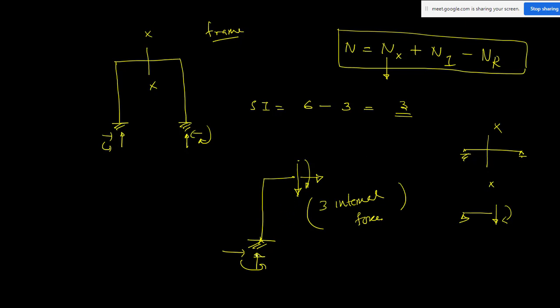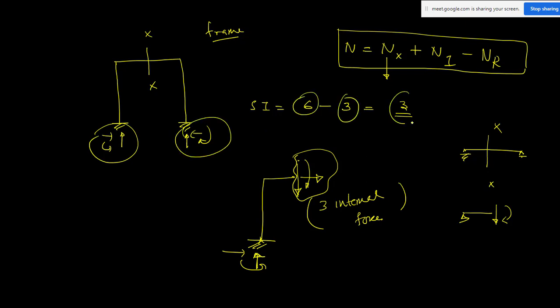If you know this value, I can find out this value, and if you know all 3 values, I can find out this moment also. That means these 3 are not unknowns. That is why we are taking only 3 unknowns at each support, total 6 unknowns minus 3 equilibrium equations. That is why your static indeterminacy is 3.